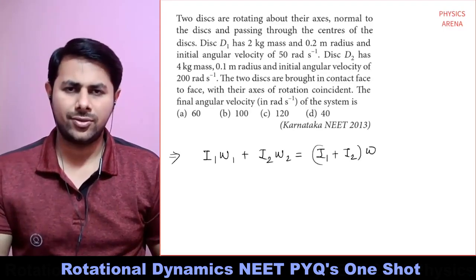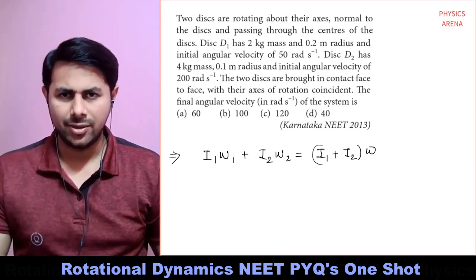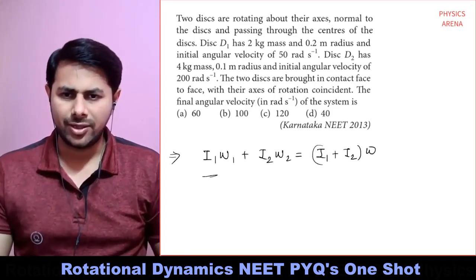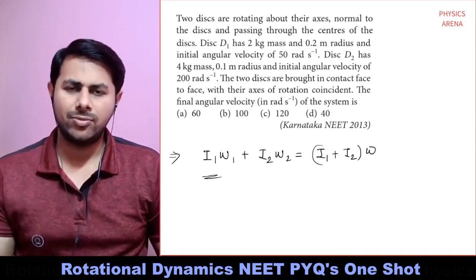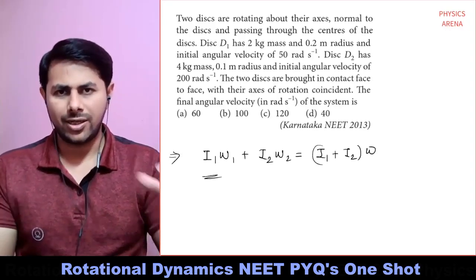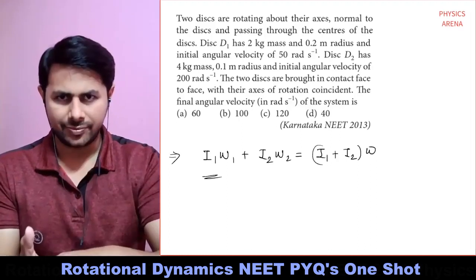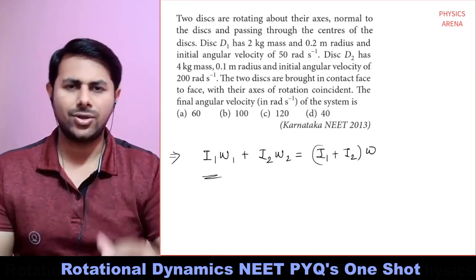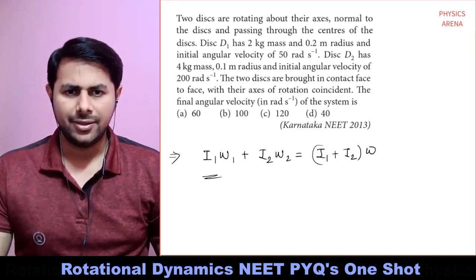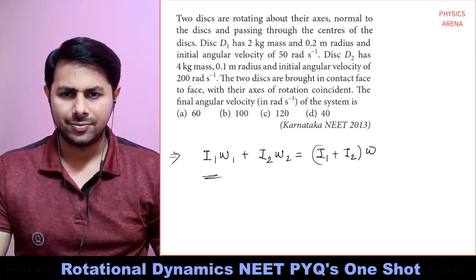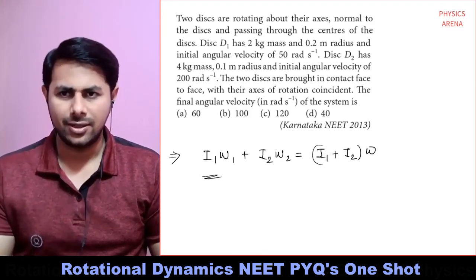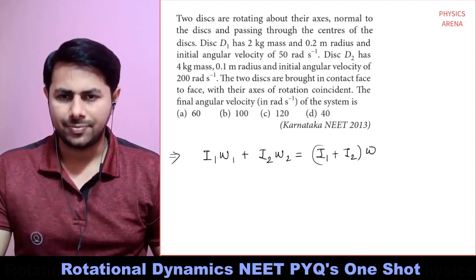So the total initial angular momentum, because the disks were separate: angular momentum of the first one is I1 omega 1, angular momentum of the second one is I2 omega 2. Now you are keeping one on the other, combining them. So total moment of inertia will be I1 plus I2, and angular velocity is, suppose, omega. So angular momentum will be I1 plus I2, the moment of inertia, multiplied by omega.